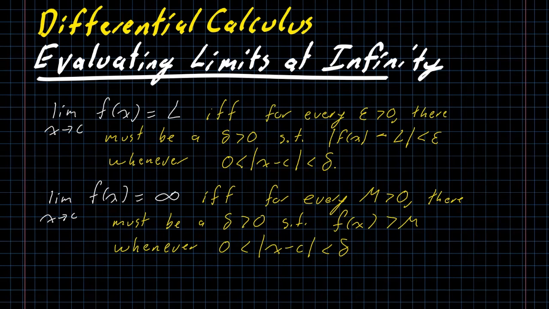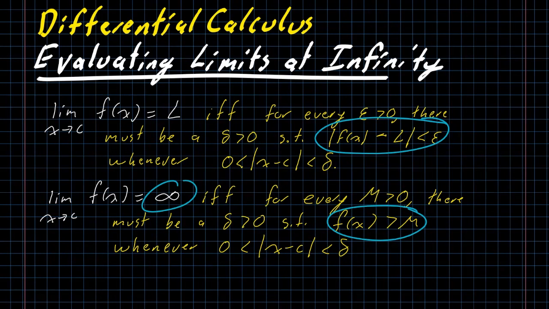When we looked at this case, we looked at infinity happening over here. We replaced the absolute value of f of x minus L with f of x greater than M.